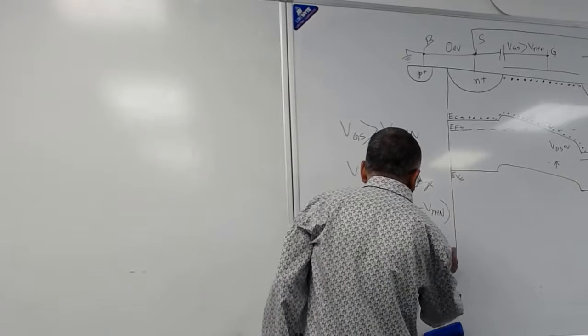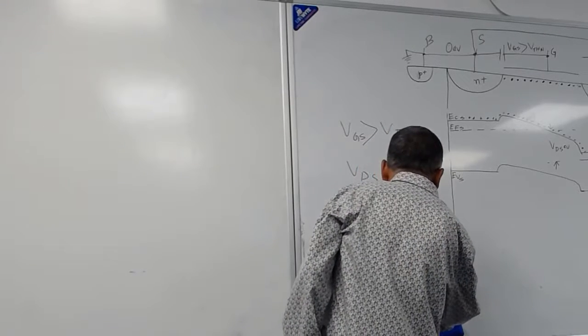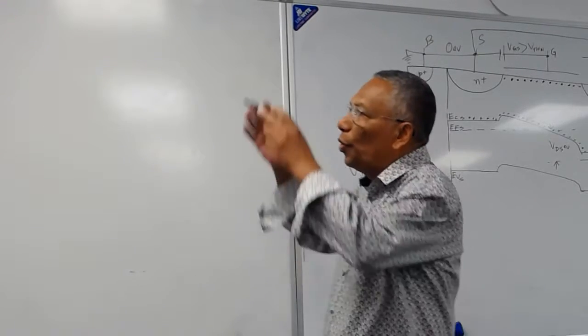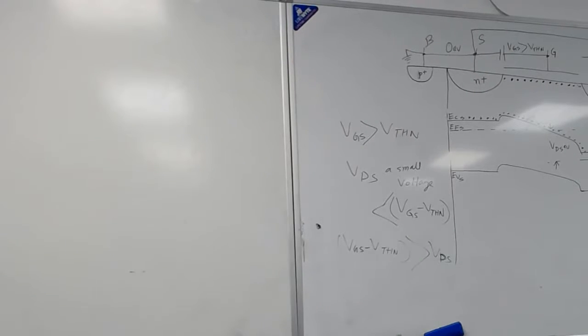So if you apply no VDS and you apply a voltage between the gate and source which is greater than the threshold voltage, then it will go on in the triode region because it is greater than VDS, which is 0.